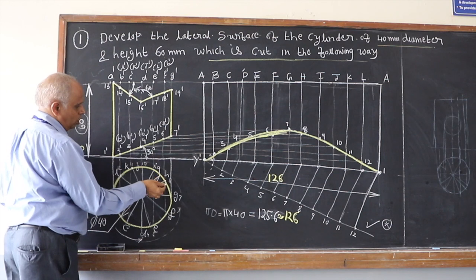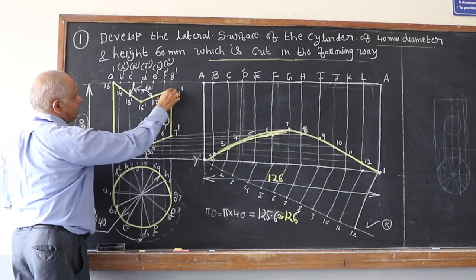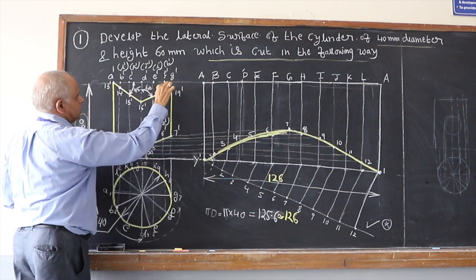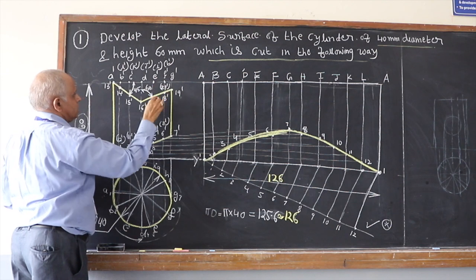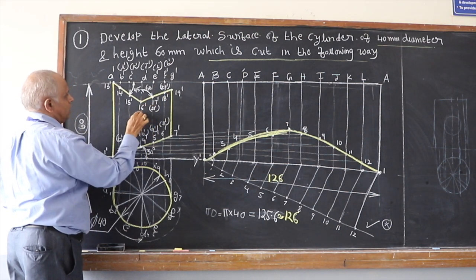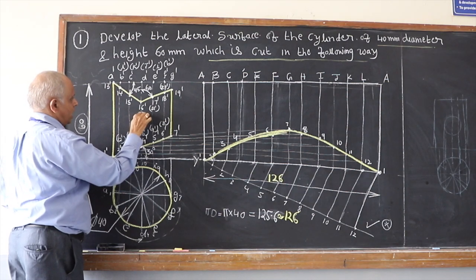And coming down on the invisible backside generators, 19 dash is over, so 20 dash, and here you have 21 dash, and here 22 dash.